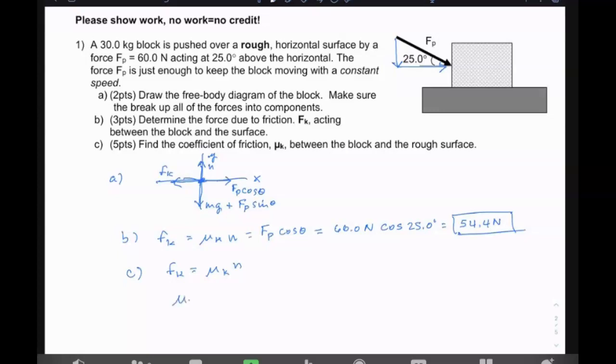So mu sub k is equal to F sub k over the normal force. So that's F sub k over mg plus F sub p sine theta, since the forces are balanced in the y direction also.